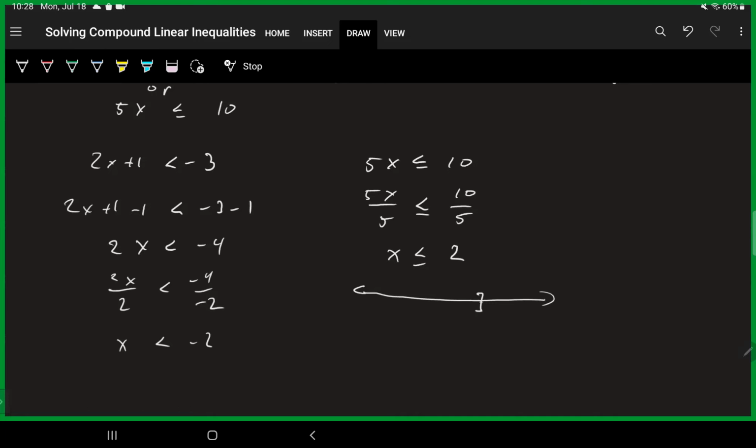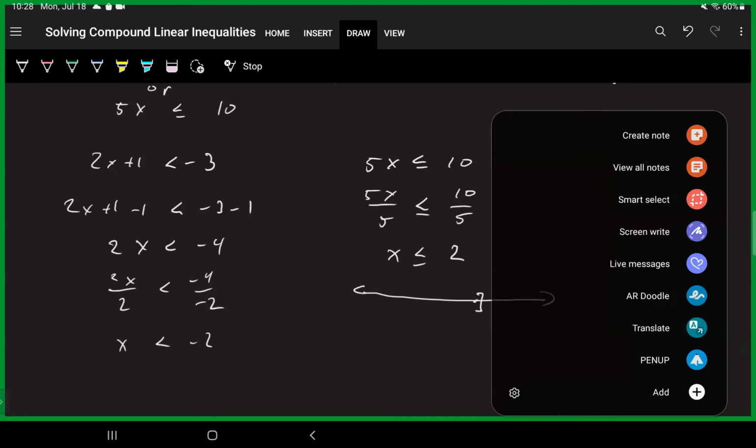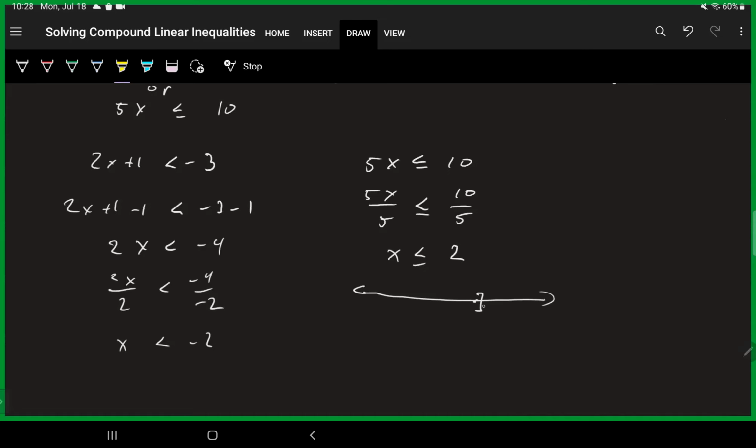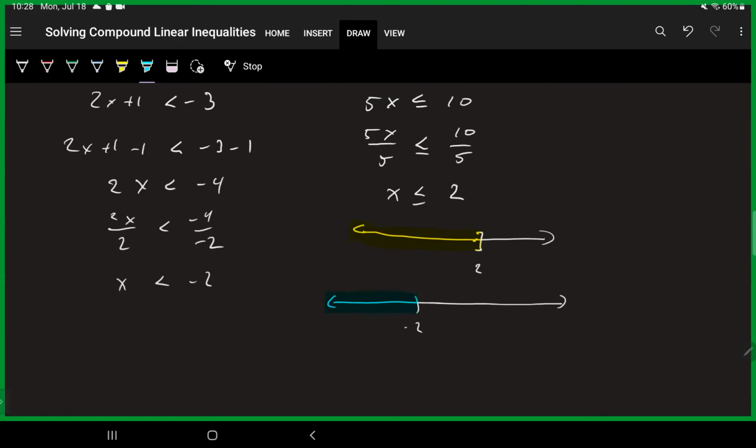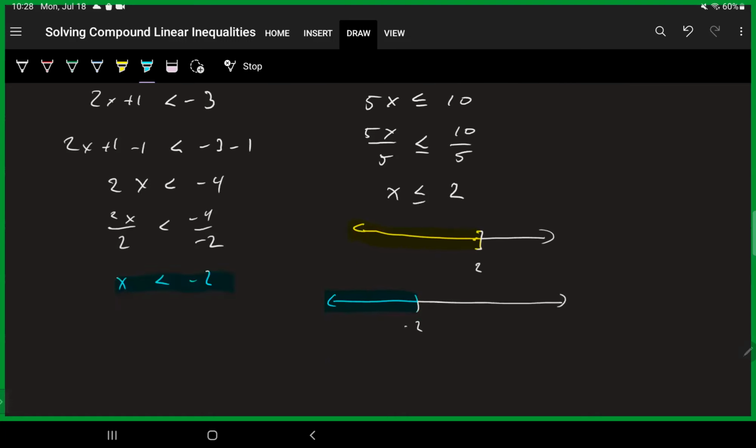Let me use my highlighter and make sure I indicate that 2 is there. And the other one is x is less than -2. And let's use my highlighter, I'm going to use blue for that one. So to make sure everything's abundantly clear, let's highlight everything accordingly.